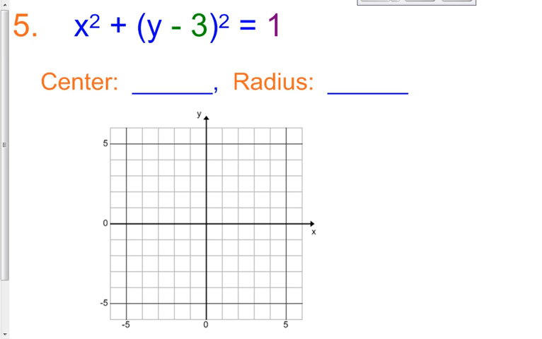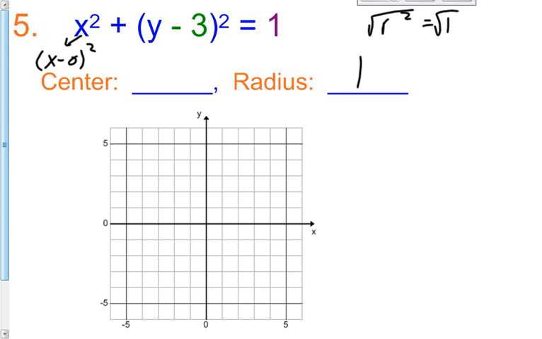Next one, number 5. If we want to get our radius, r squared equals 1. So what is the square root of 1? It is just 1. So my radius is 1 unit long, not a very big circle. My center is at (h, k). Now remember, this right here is kind of like saying x minus 0 quantity squared.